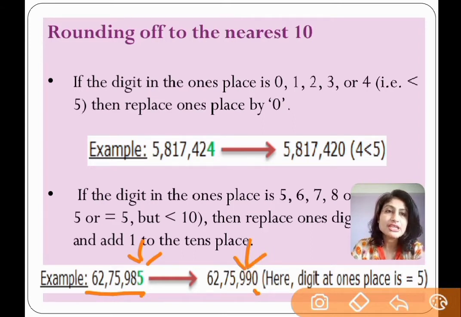It is 8. So 8 plus 1 is equal to 9. See, in the answer it is replaced by 9 and the rest of the digits as it is. So our answer is 62,75,990.